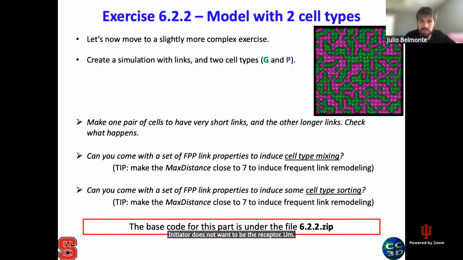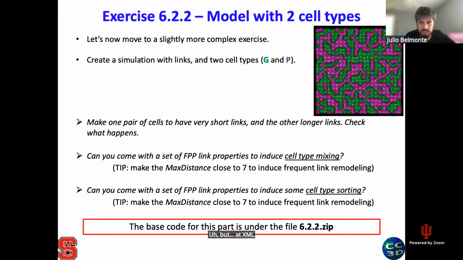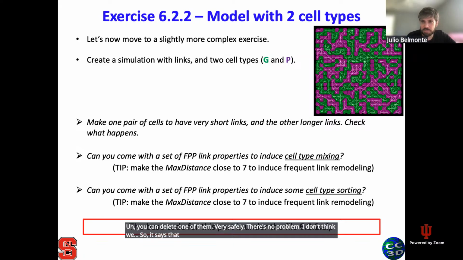That may be important for some cellular processes. But at the XML level, there is no difference between them. So you can delete one of them very safely. There's no problem. It seems that the XML is generating more pairwise interactions than it should.